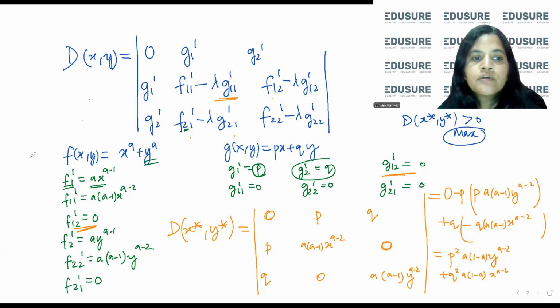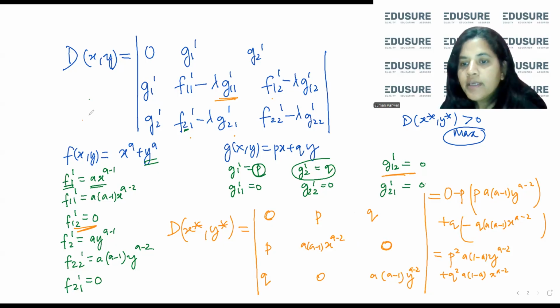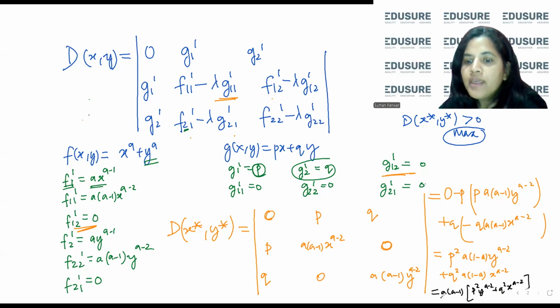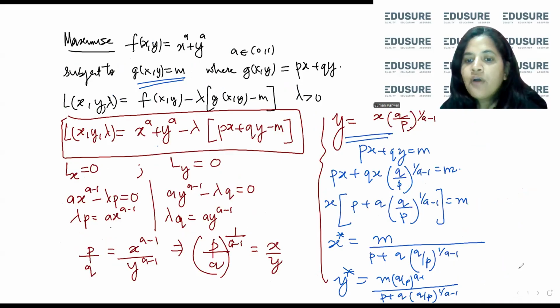Okay. So now let's take a(1-a) outside. It is p^2 y^(a-2) + q^2 x^(a-2). So a is positive, and 1-a is positive because a is between 0 and 1. p^2 is positive, q^2 is positive. And now these y and x have to be replaced by y star and x star, which we found from our first equation.